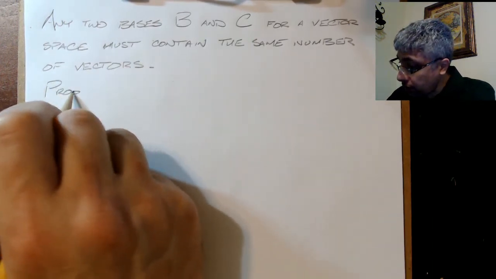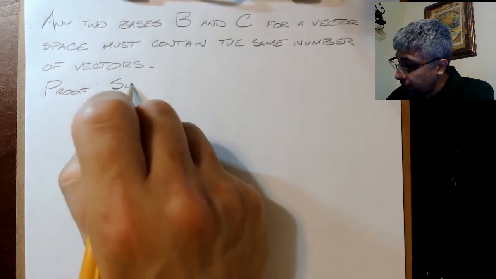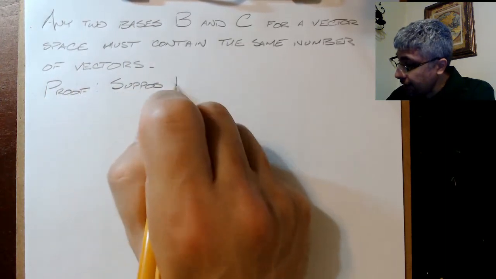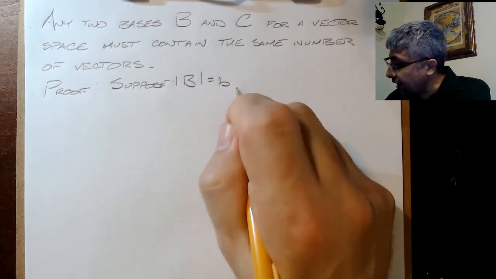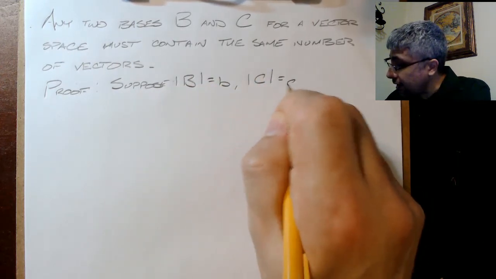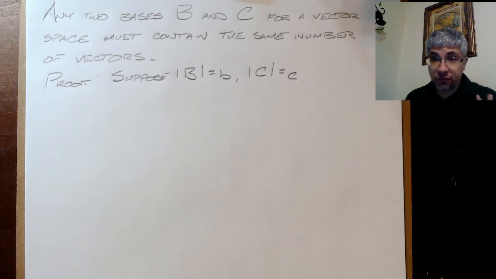Well, let's suppose that the size of B is lowercase b and the size of C is lowercase c. So we have two different bases. Now remember what that means. These are linearly independent sets that span the vector space. So what do I know?